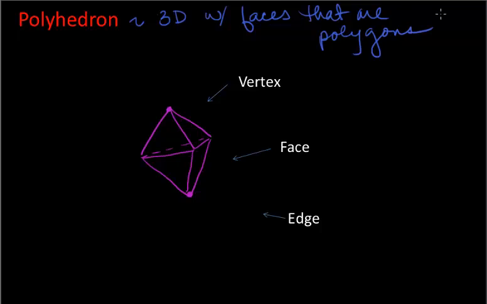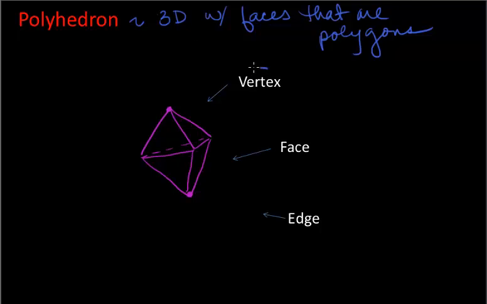Not necessarily regular polygons. It could have some faces that were squares and some that were hexagons and some that were triangles, and they would not have to be regular.